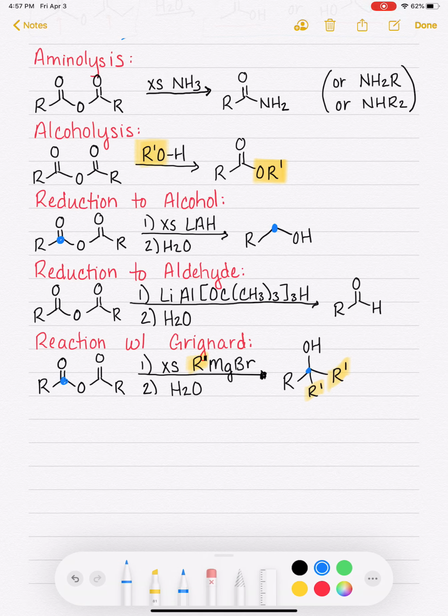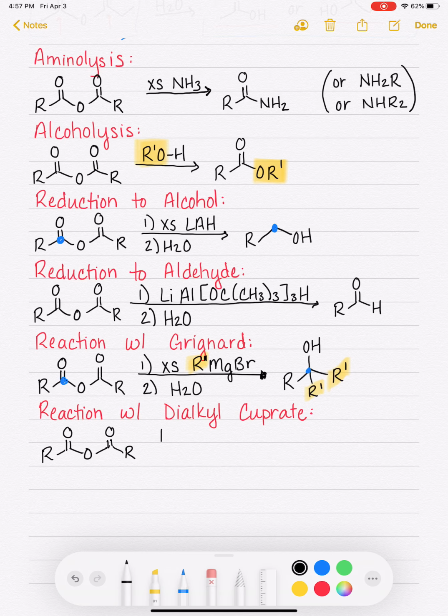Whew. And then one more, last one, reaction with the lithium dialkyl cuprate. Acid anhydride.